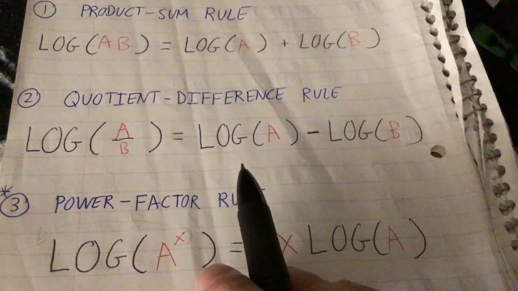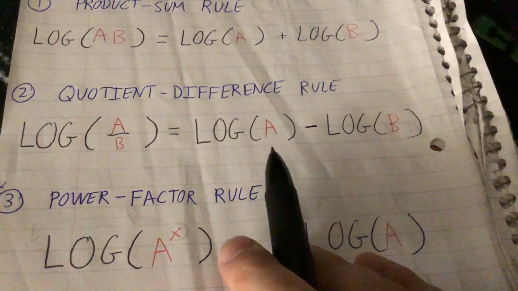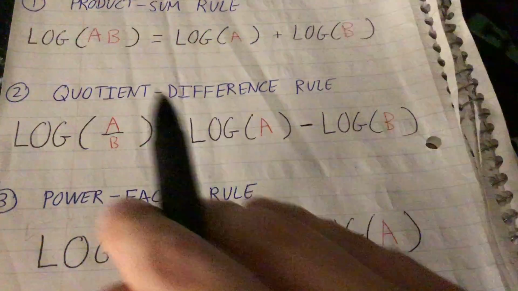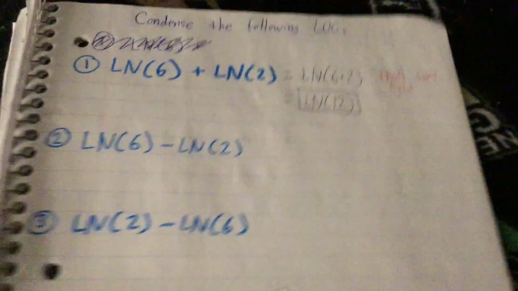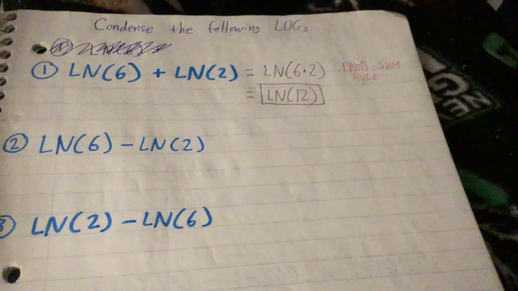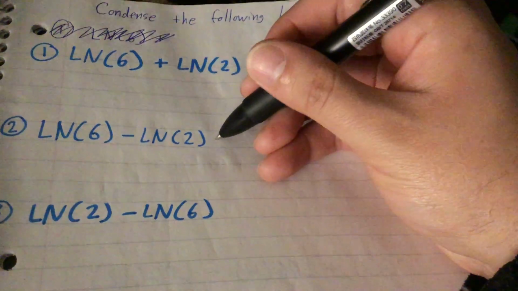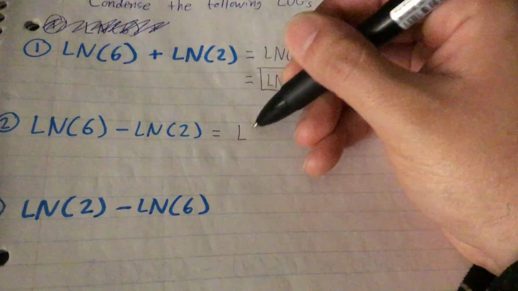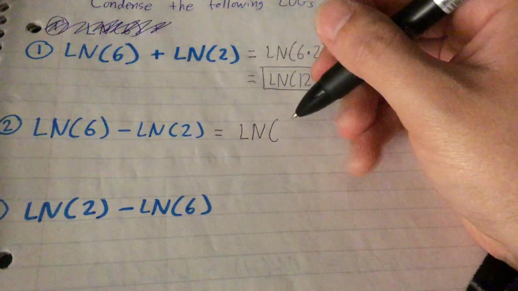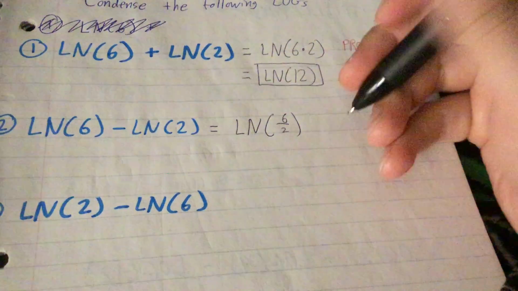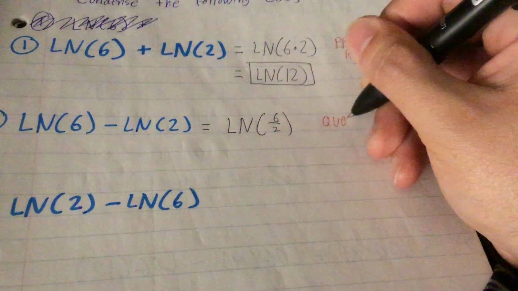So log of a minus log of b tells me that the a is the numerator and the b is the denominator. So the positive goes on the top, the negative goes on the bottom. So therefore, ln of 6 minus ln of 2 becomes the natural log of 6 over 2 because of the quotient difference rule.